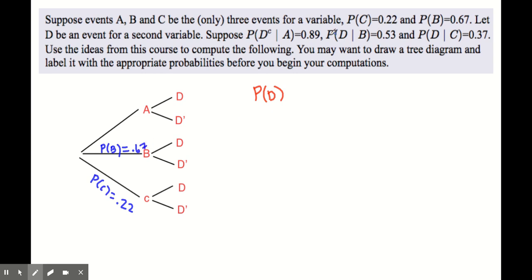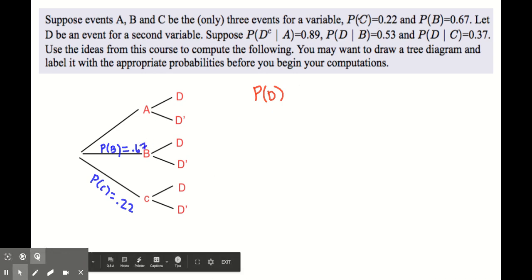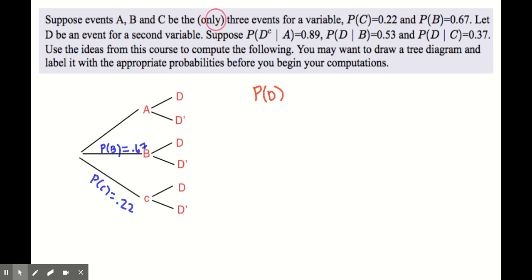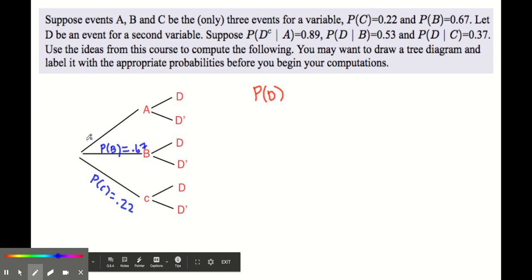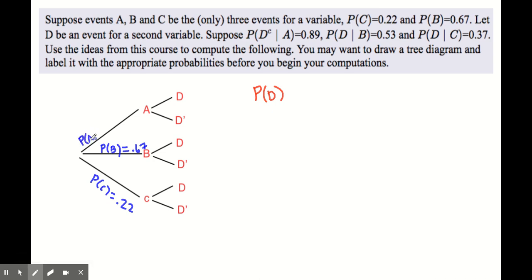Now, we're not given the probability of A. We're only given the probability of C and the probability of B. But because A, B, and C are the only three events for this first variable that we are considering, we can find the probability of A by using the fact that the sum of the probabilities of A, B, and C has to be equal to 1.